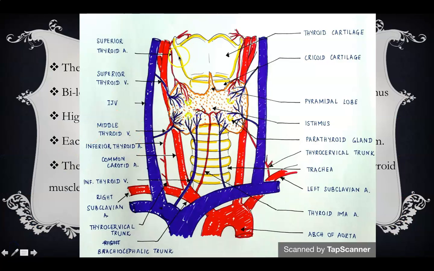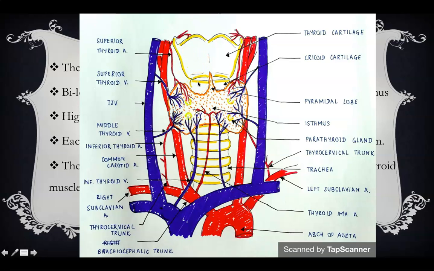So it comes till the oblique line here. Okay, this is not a correct picture, it's much higher. This picture is drawn so that you can understand the anatomy of the arterial supply better. Anyways, it is much higher, till here.